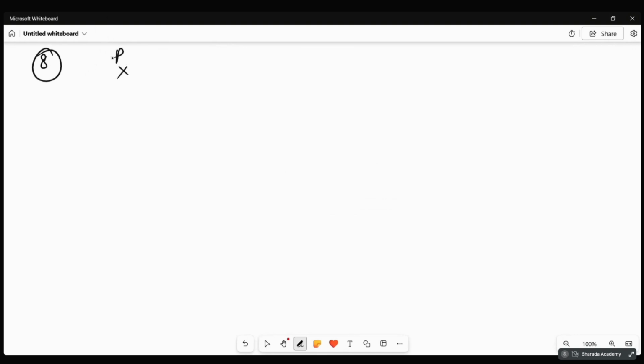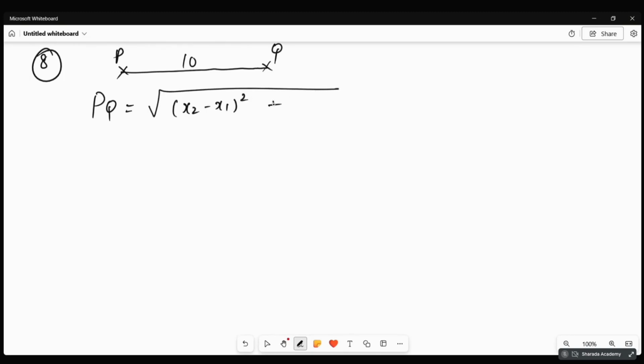Listen here, everyone. PQ distance, they have given 10 units. So what is PQ equal to? Root of x2 minus x1 whole square plus y2 minus y1 whole square.